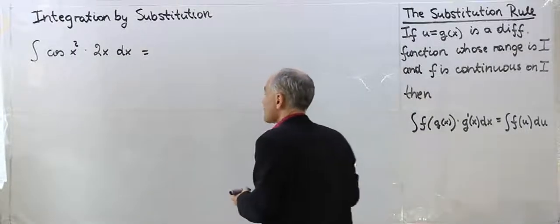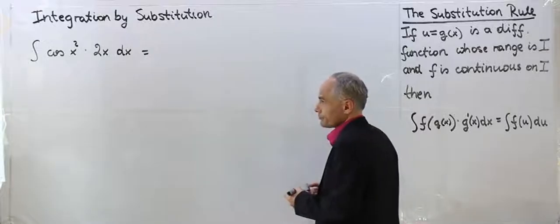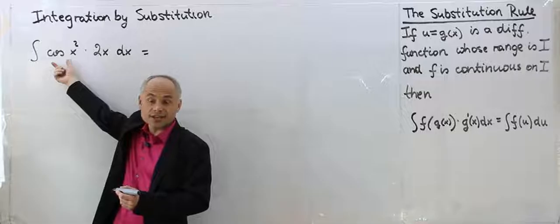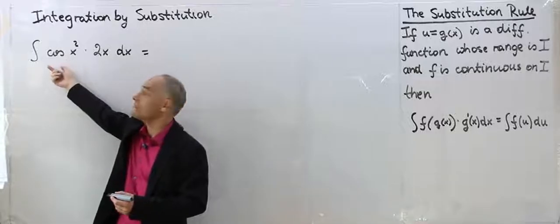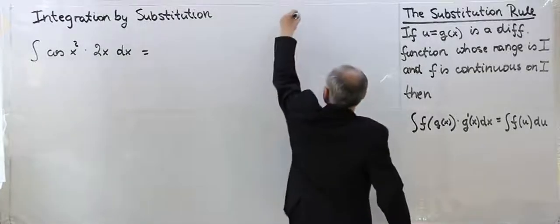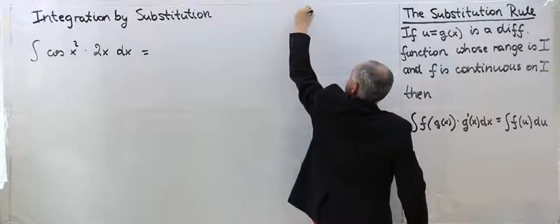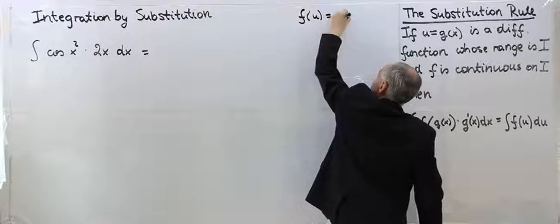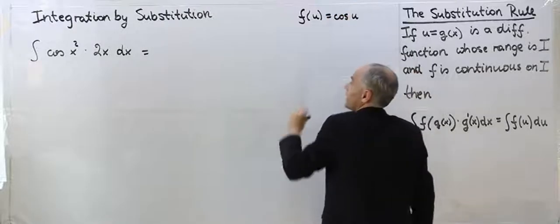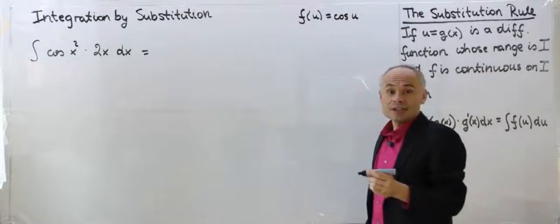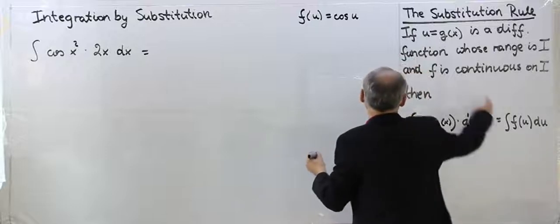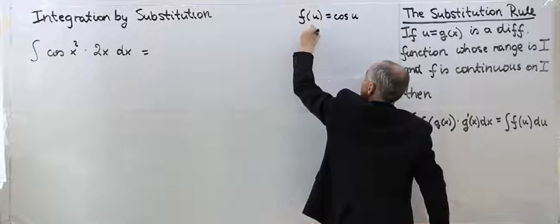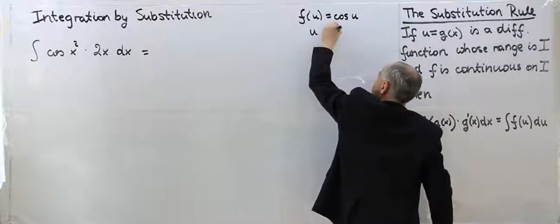Okay, so let's see. Here the composite function is cosine of x squared. So the outer function is f, which is cosine, right? And the inner function is g of x, which is equal to x squared. And I'm letting my new variable u be x squared.